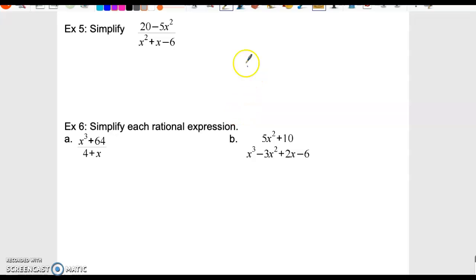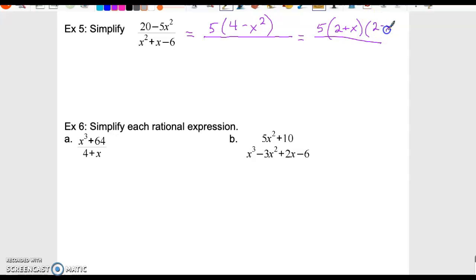As we move forward, there's a lot of simplifying. This is why you go through the whole polynomial unit and do one problem at a time. For instance, start with the numerator by saying, okay, we'll factor out a 5. So that's 4 minus x squared. Well, that's a difference of squares. So you still have that 5 in front, and the difference of squares tells you it's 2 plus x, 2 minus x.